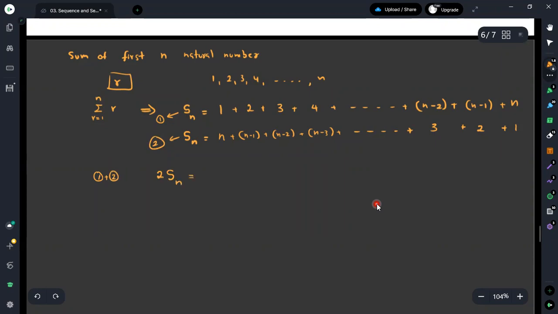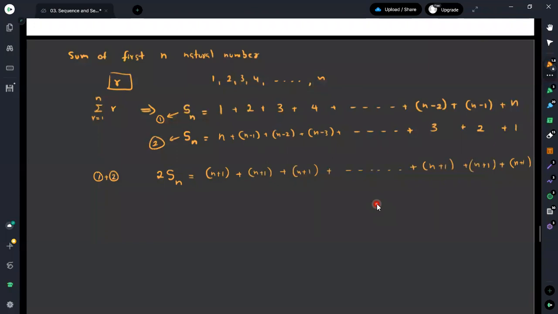The summation of the first two terms is n plus 1 added to 2 plus n minus 1, which again gives n plus 1. Then n minus 2 plus 3 is again n plus 1. Here also it is n plus 1, another n plus 1, and here also n plus 1.